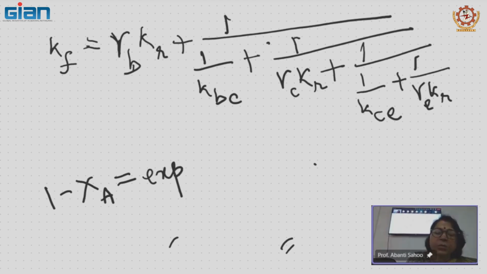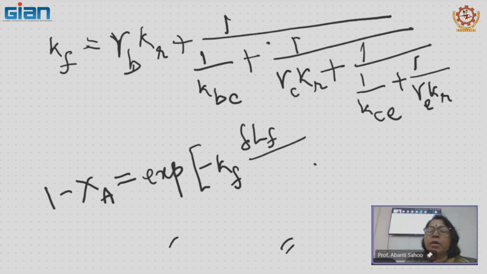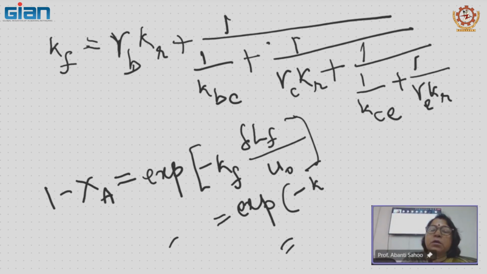As I told, it is considered a plug flow reactor, so K_f, that is the overall reaction rate, into delta L_f divided by U0, which is equal to exponential minus K_f into L_f by U_B.